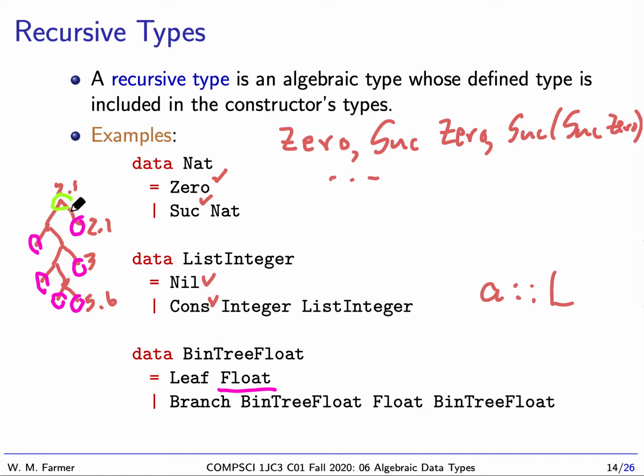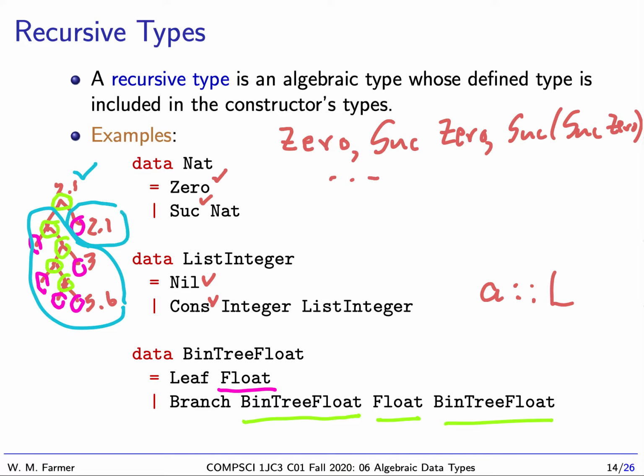So these are the branch nodes. And you'll notice that a branch node is going to have a left tree, a number assigned to it, and a right tree. So the left tree, if we're looking at this branch node, the left tree is this, and the right tree is this.